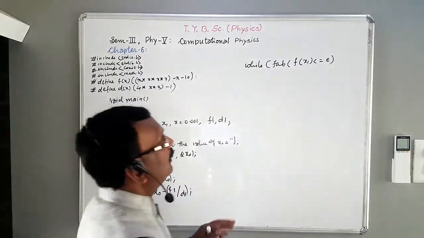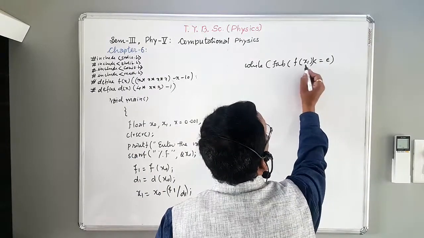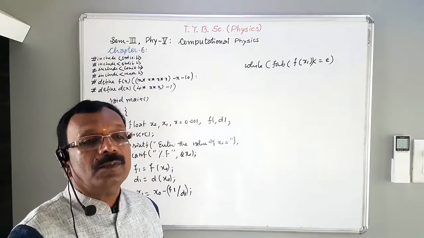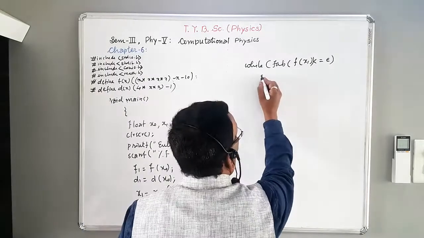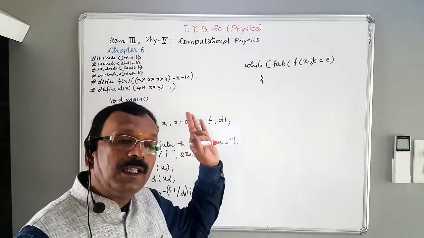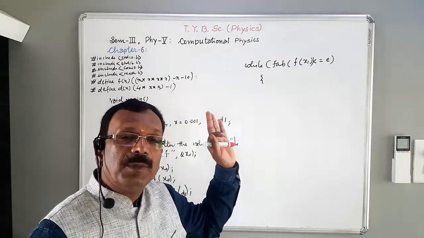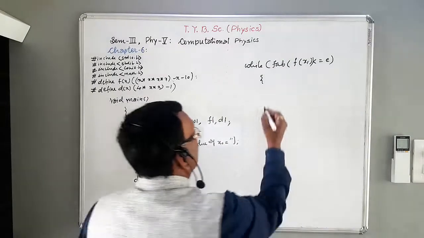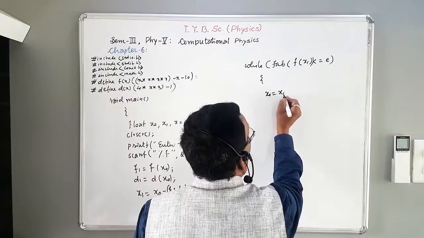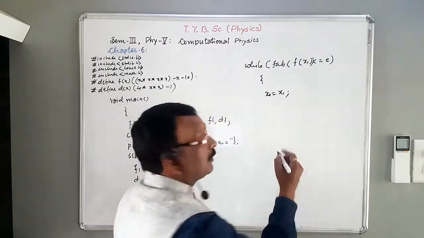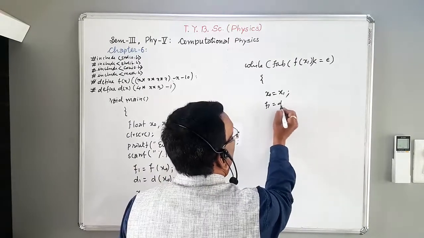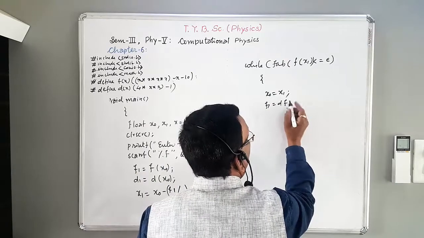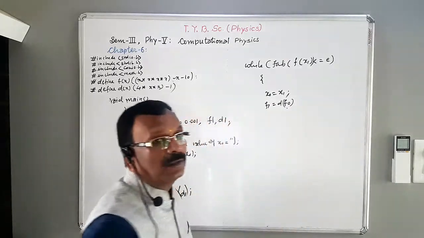Okay. Here two brackets are essential. The body of while: in bisection method we use do while, here we use while. So x0 is equal to x1, then f1 is equal to f of x0.